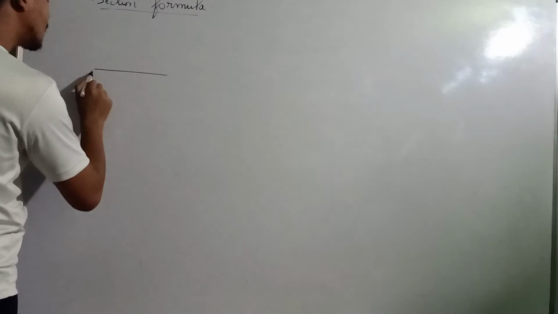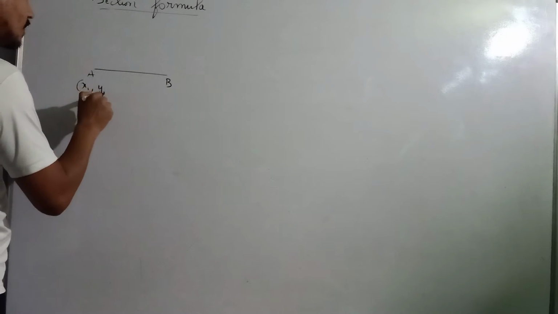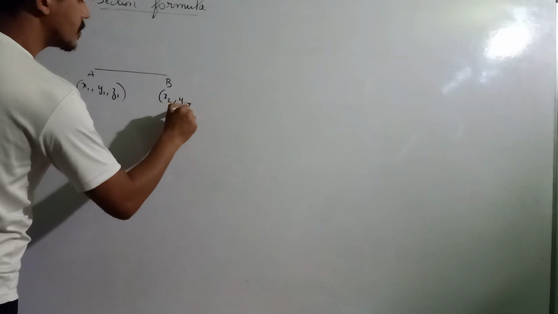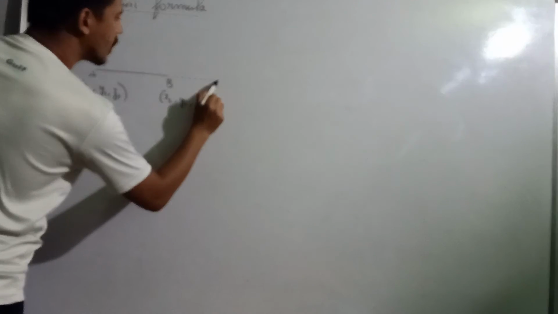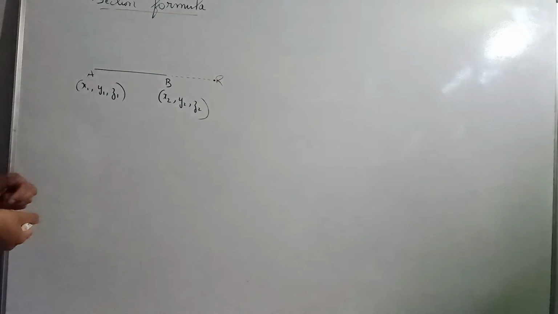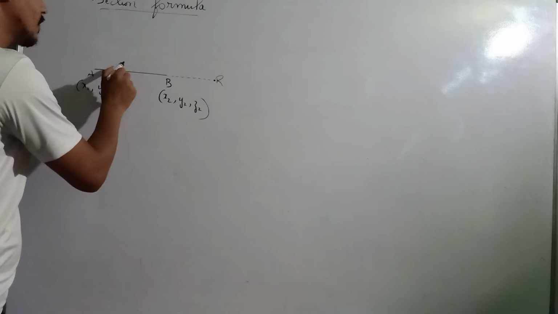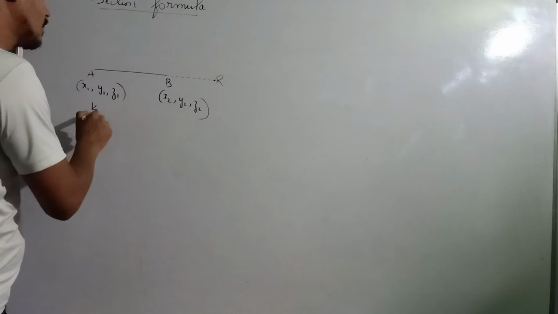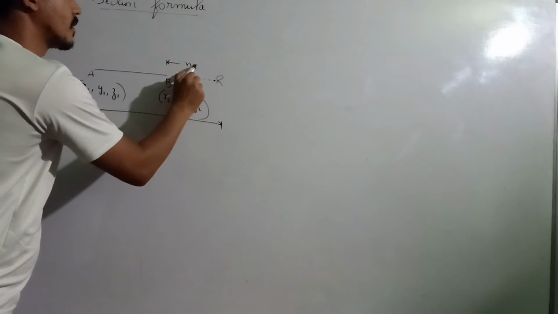Again, let us say that this is your A, this is your B. Coordinate of A is x1, y1, z1. Coordinate of B is x2, y2, z2. Suppose R is outside the line AB, and let's say that R divides AB in the ratio m is to n.